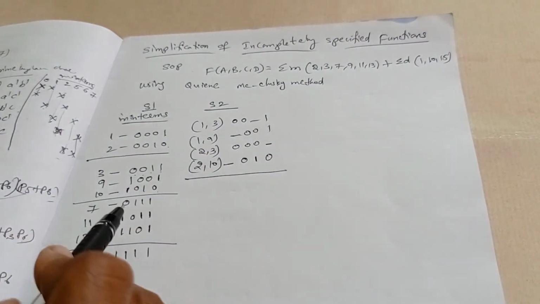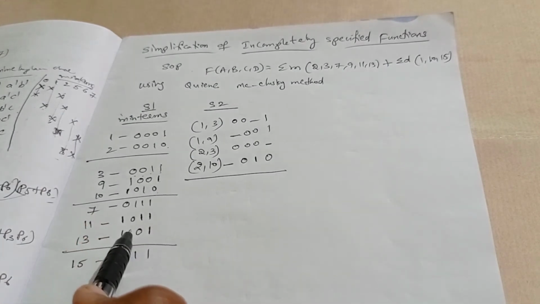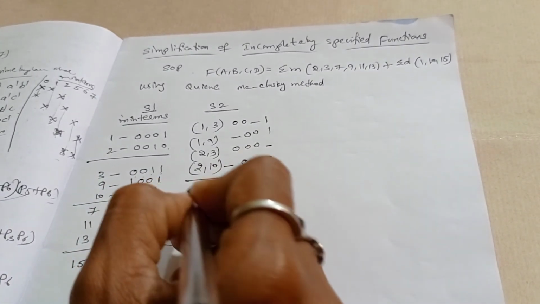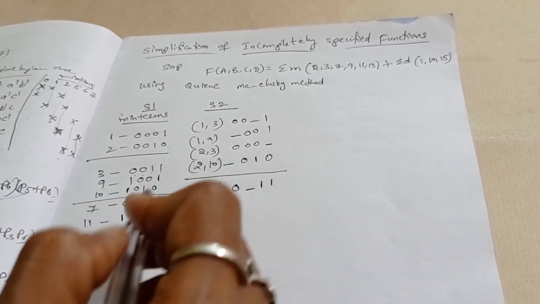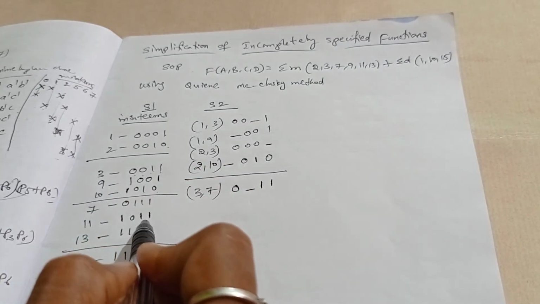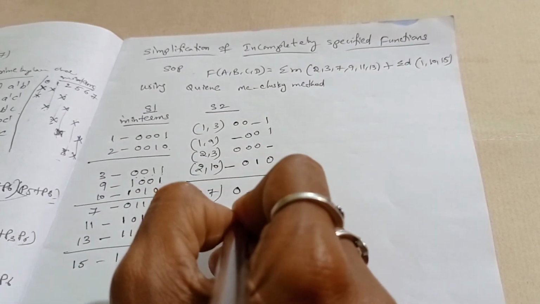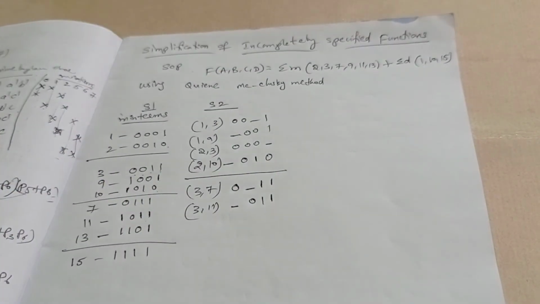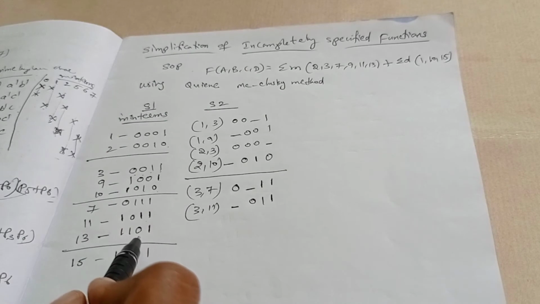So completed. Now next, coming to this group compared with this group, first is possible, that is 3 comma 7, that means 0-11. Next 3 with 11, yes possible, -011. Next 3 with 13 is not possible, okay leave.